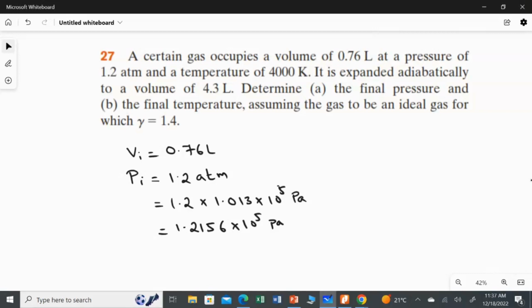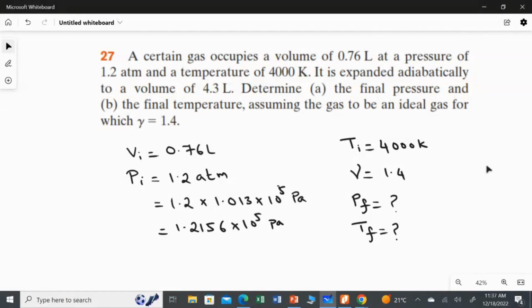And they also gave the initial temperature, which they mention here as 4000 Kelvin. By using all this, and also the gamma value, which is 1.4, and the gas being an ideal gas, we are going to identify the final pressure. That means we are going to find Pf in the first part, and then we are going to find the final temperature in the second part.